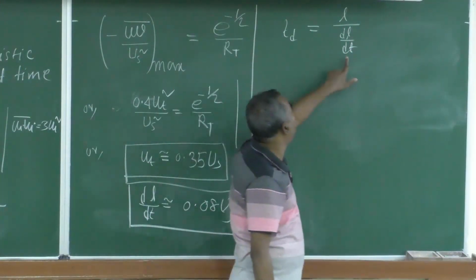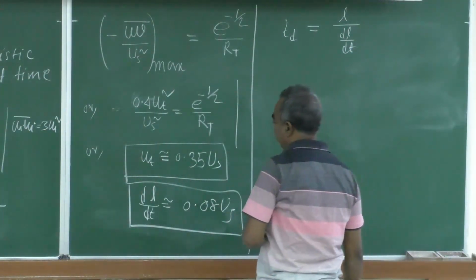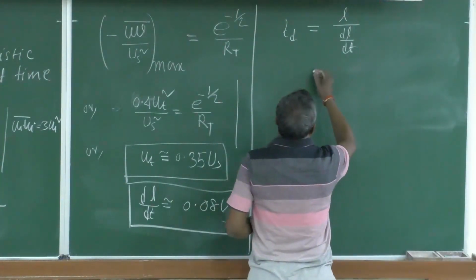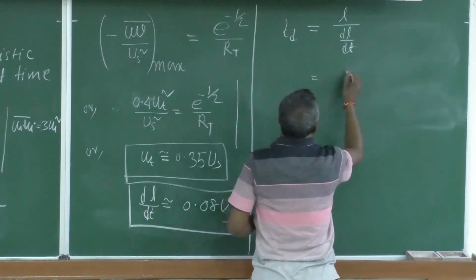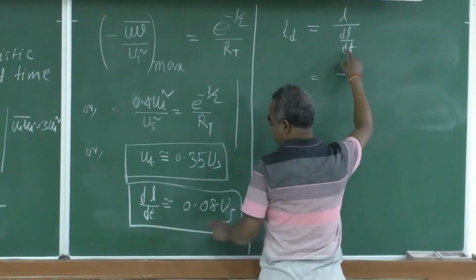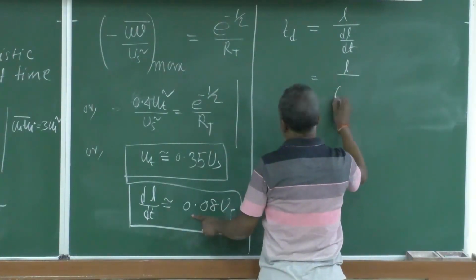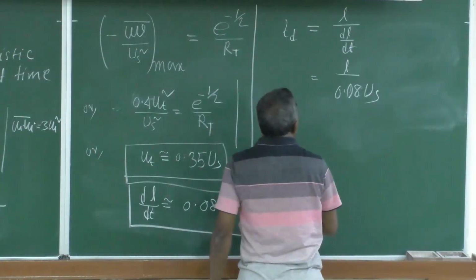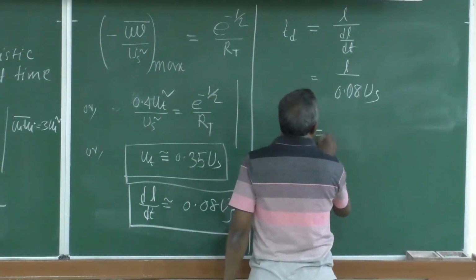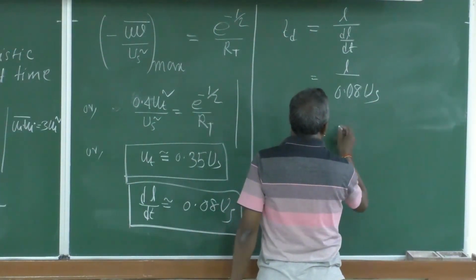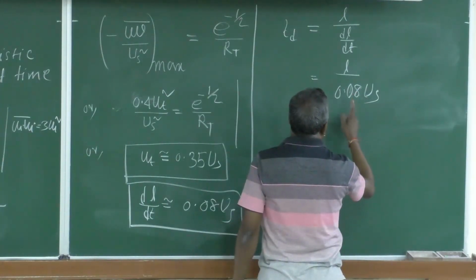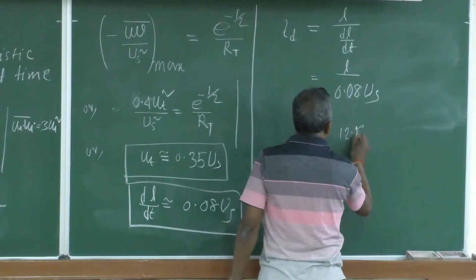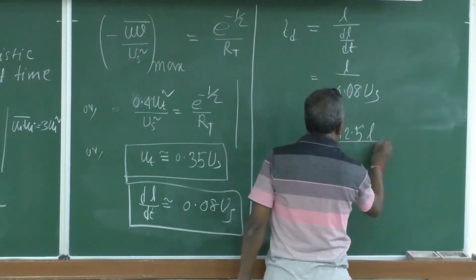Now, dl dt we have already calculated, so L divided by dl dt is 0.08 Us. What do you get? 100 divided by 8, which is 12.5 L by Us.